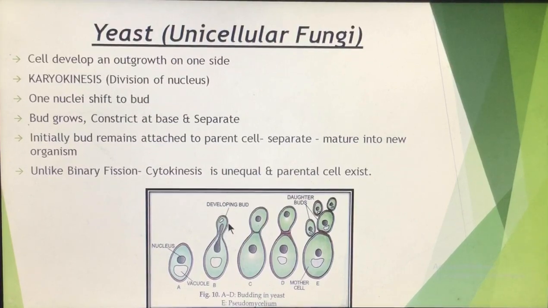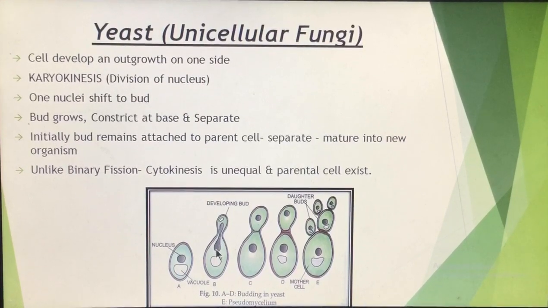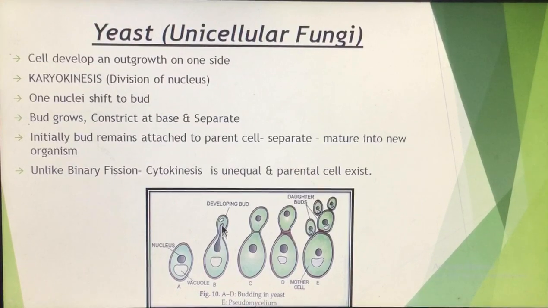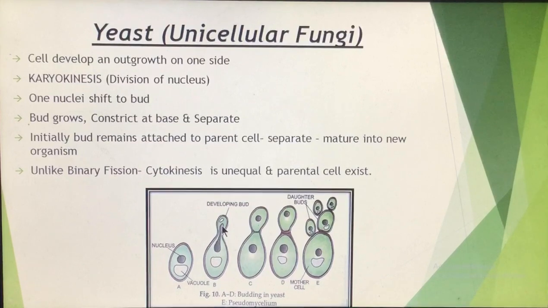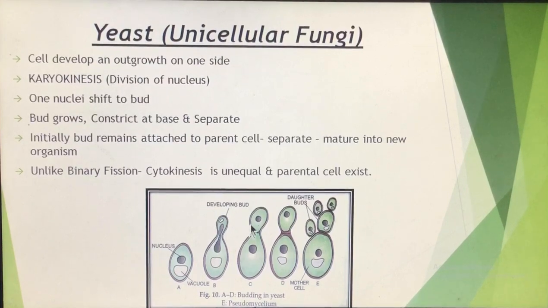Now when this bud develops, at the same time karyokinesis takes place. Now karyokinesis मैंने तुम्हें पहले भी बताया है, the division of the nucleus is known as karyokinesis. तो यहाँ देखो karyokinesis हो रहा है, दो nucleus बन गए हैं, उसमें से एक nucleus तो parent body yeast में रहता है and the second nucleus shifts to the bud.